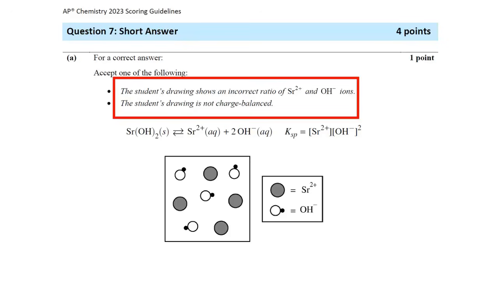In other words, if you have 4 strontium ions and each strontium has a charge of +2, 4 times +2 is +8. But if you have 4 hydroxide ions and each hydroxide ion has a charge of -1, 4 times -1 is -4. So with a +8 and a -4, the student's drawing is not charge balanced. Okay, well, this is the answer to part A.